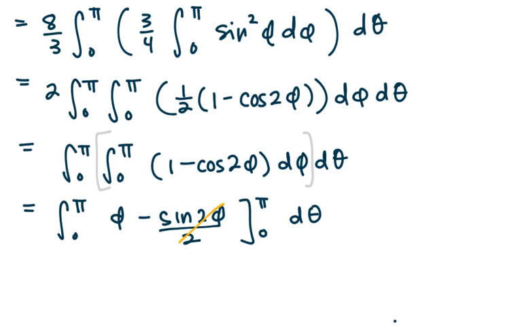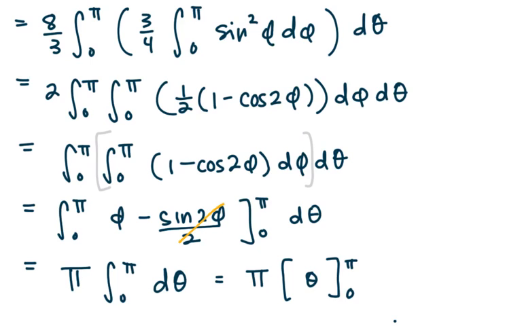So all we're really going to end up with is just this original pi, because we'll have pi minus 0 minus the quantity 0 minus 0. So this is pi, integral from 0 to pi of d theta, which is pi theta evaluated from 0 to pi, which gives me pi squared. So pi squared is the value of this integral, simplified using spherical coordinates.